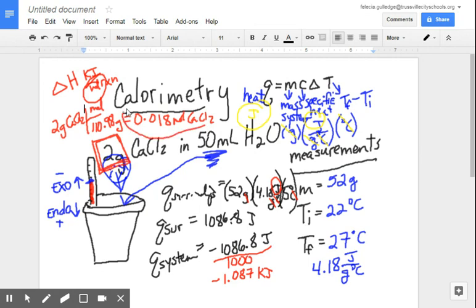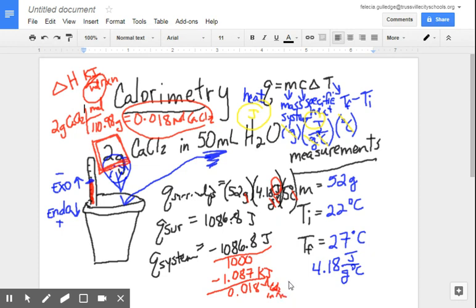Now what I'm going to do is take this value and plug it in down here. I'm going to divide by the number of moles. So 0.018 moles of CaCl2 in my reaction.